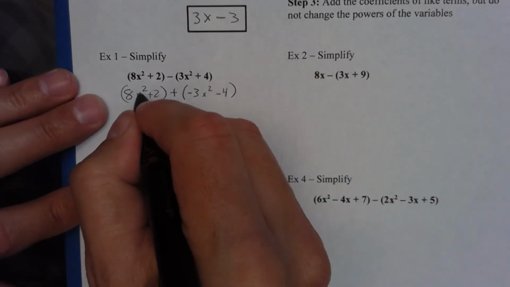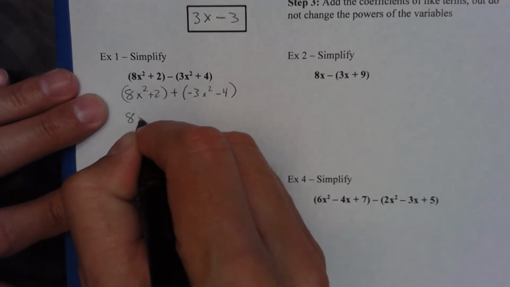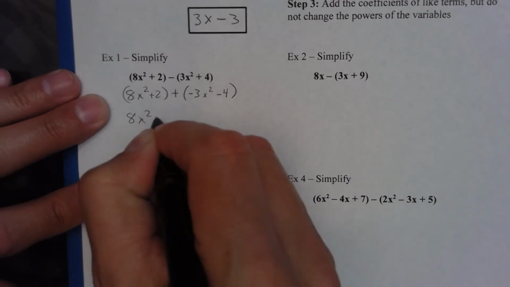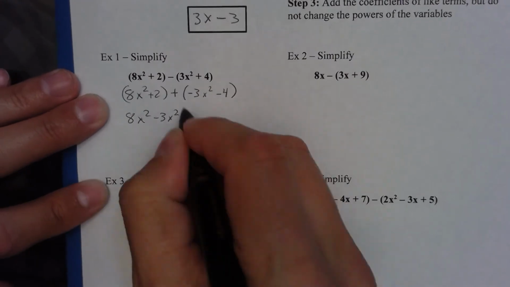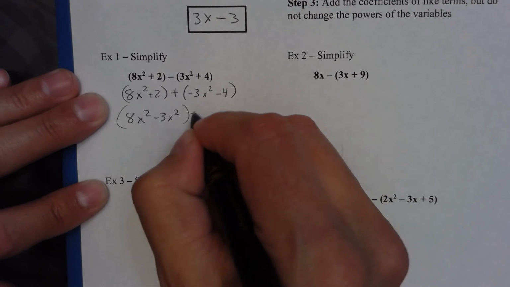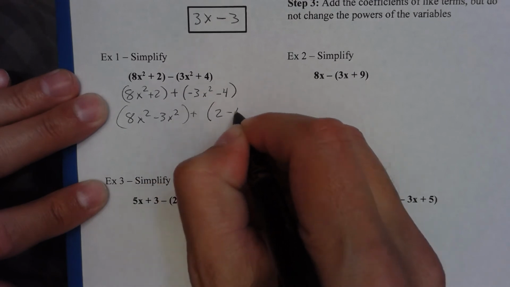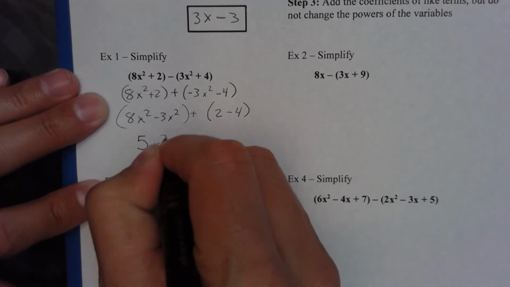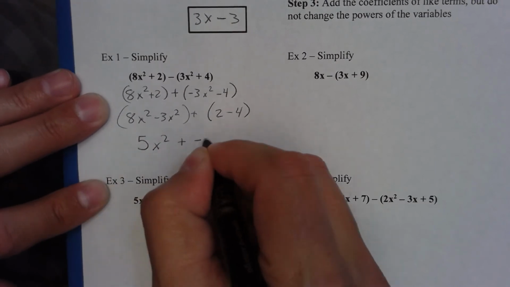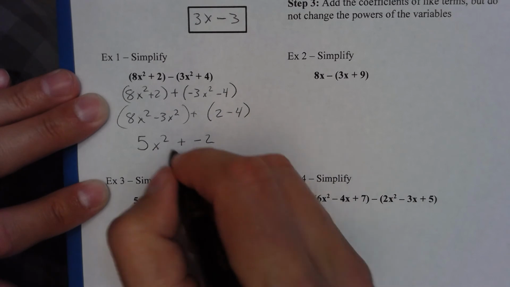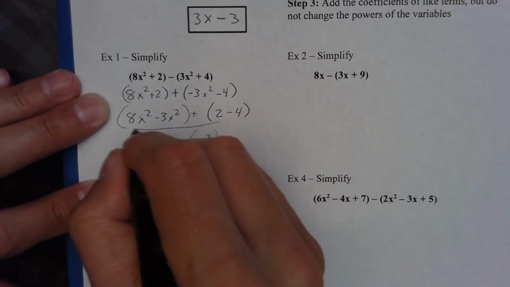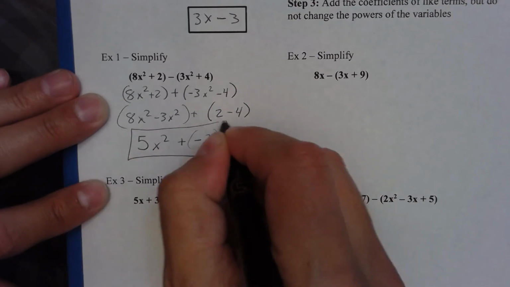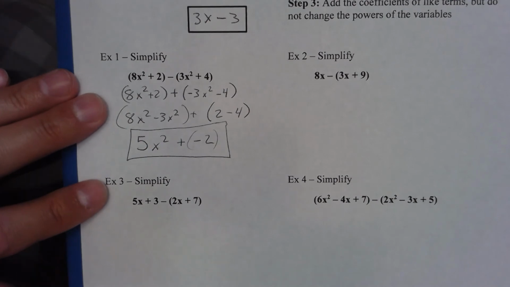Now when I put these together, the 8x squared minus 3x squared, and then the 2 minus the 4 gives me 5x squared plus negative 2. Now you can do plus and negative either way, and that's fine. Or just leave it as minus 2.